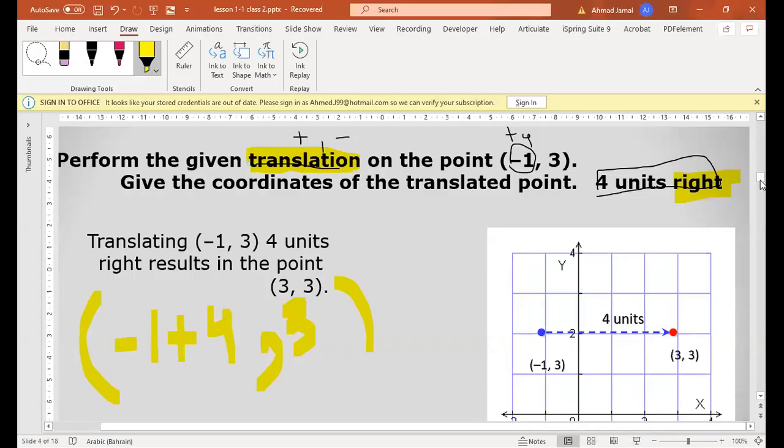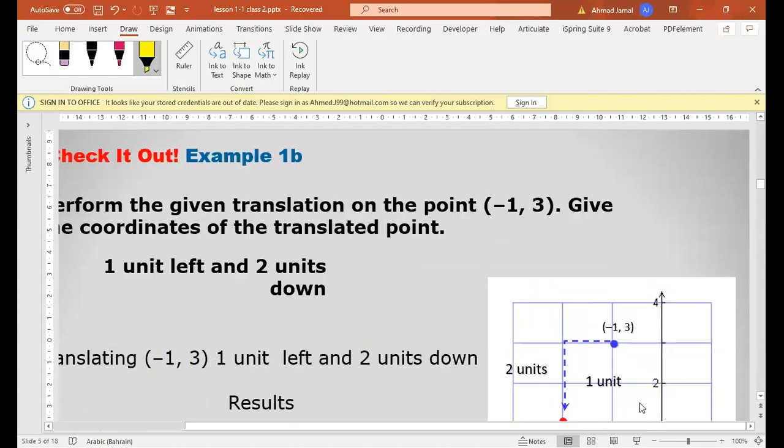The second idea, translation. Who can tell me the meaning of translation?